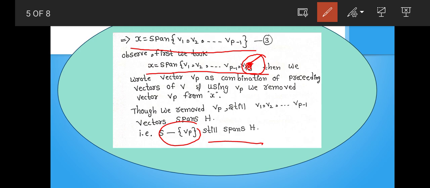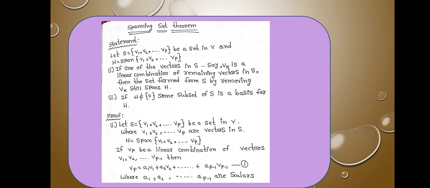Hence statement 1 is proved. Statement 1: if one of the vectors in S, say vk, is a linear combination of the remaining vectors in S, then the set formed from S by removing vk still spans H. Here we proved that first we took S as the set up to vp, and wrote H as the span of that set.